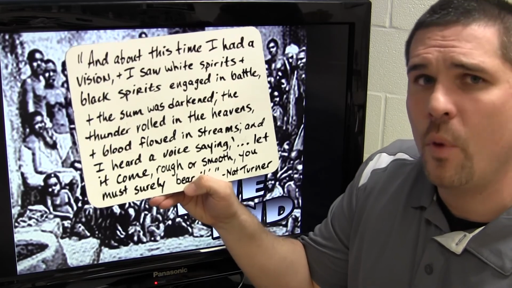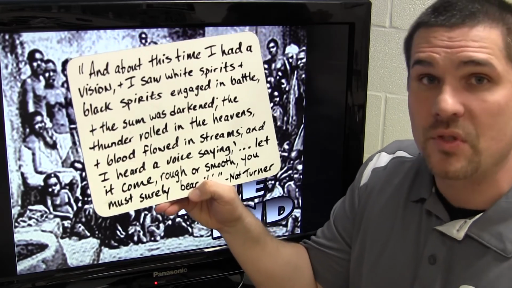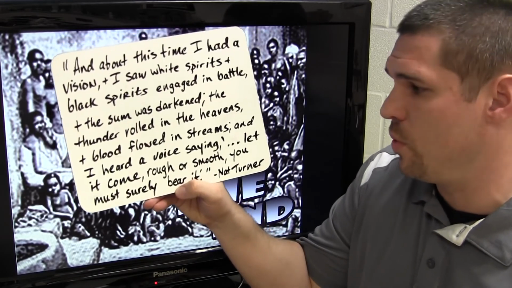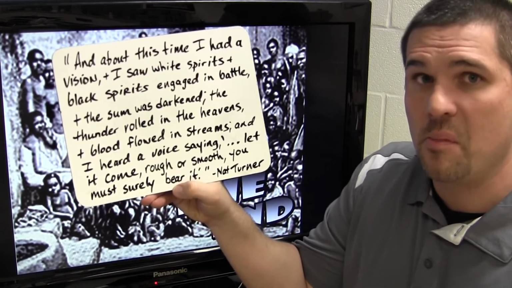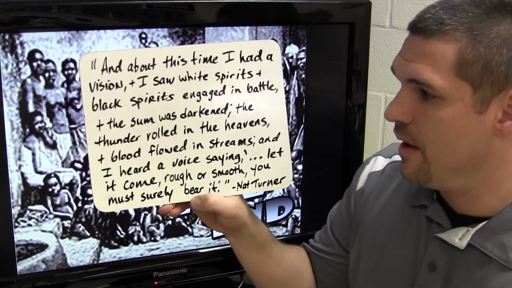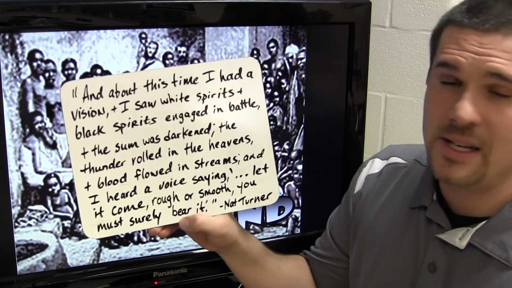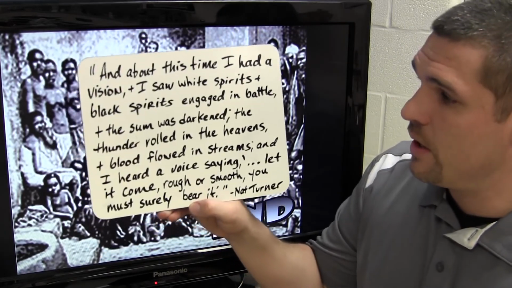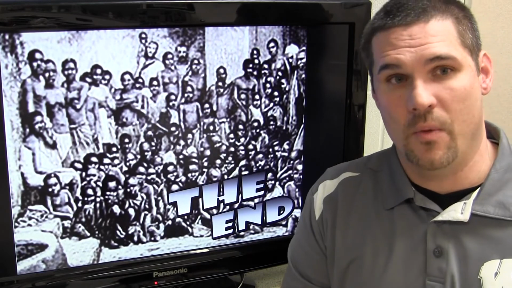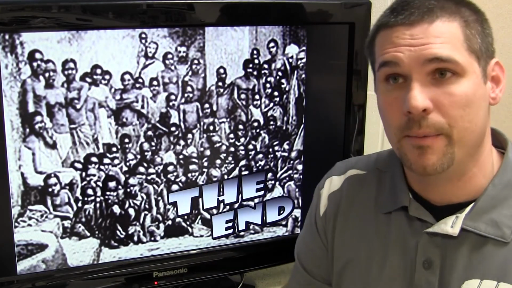And I heard a voice saying," perhaps it's from God, "Let it come, rough or smooth, you must surely bear it." So Nat Turner, you could tell, had the idea in his head and the will and the motivation that no matter how ugly it turned out, he was going to follow through on his plan.